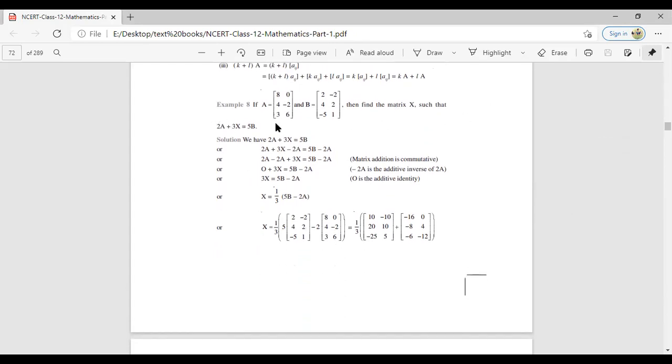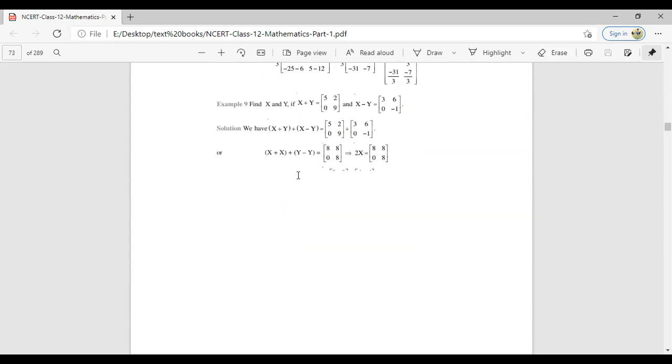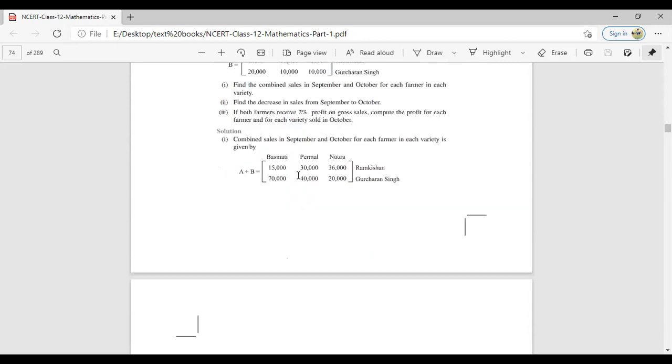Here you can see that we have to find x in 2A plus 3x is equal to 5. So the other terms will be transposed to the right hand side first, and then substitute the values and just apply the given operations. So we will go to the exercise now.